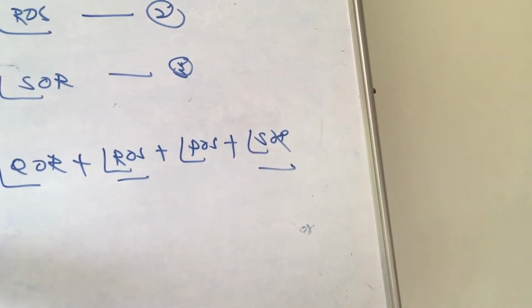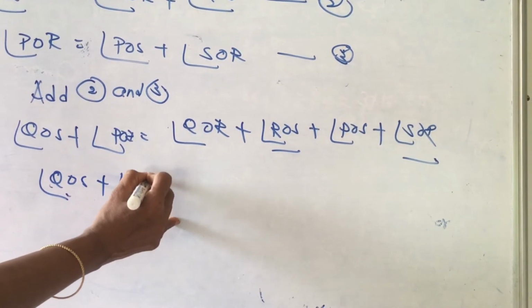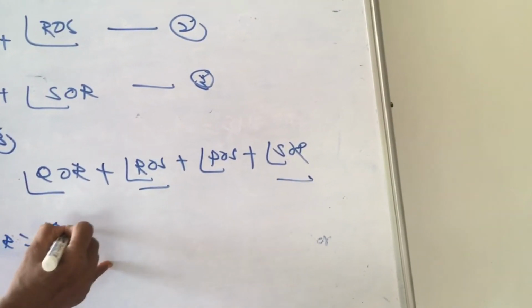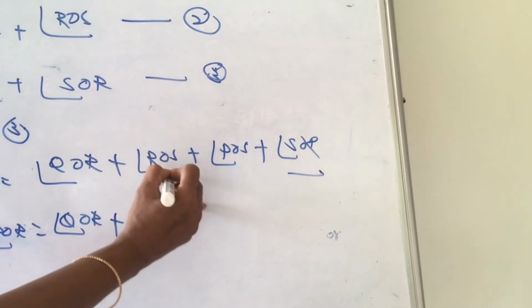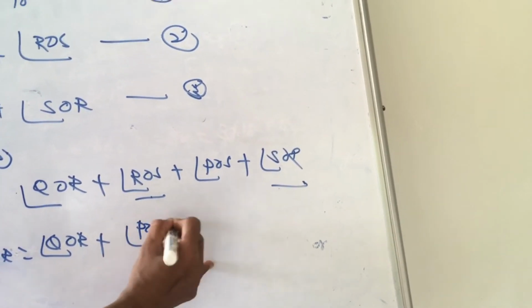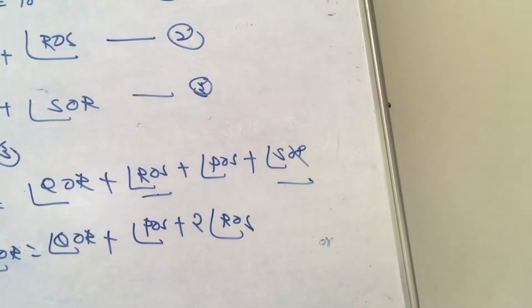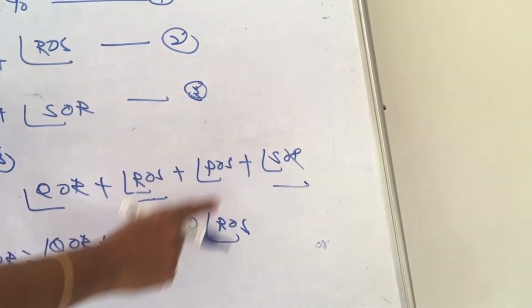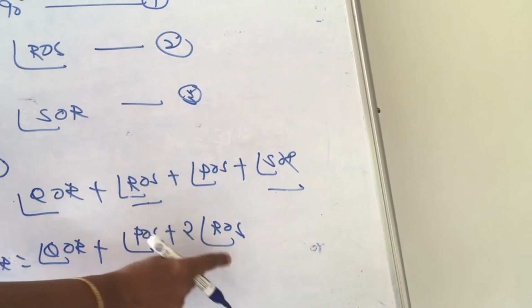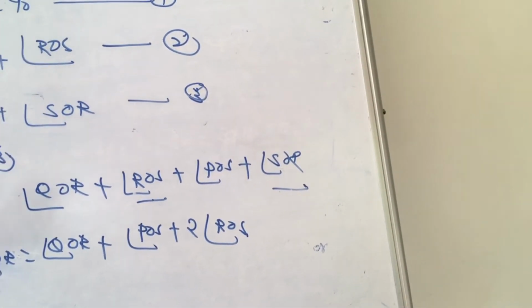Are you following? Angle QOS plus angle POR is equal to angle QOR, angle ROS, twice angle ROS. Angle ROS plus angle ROS is what, children? Twice angle ROS. What is your equation 1, children?